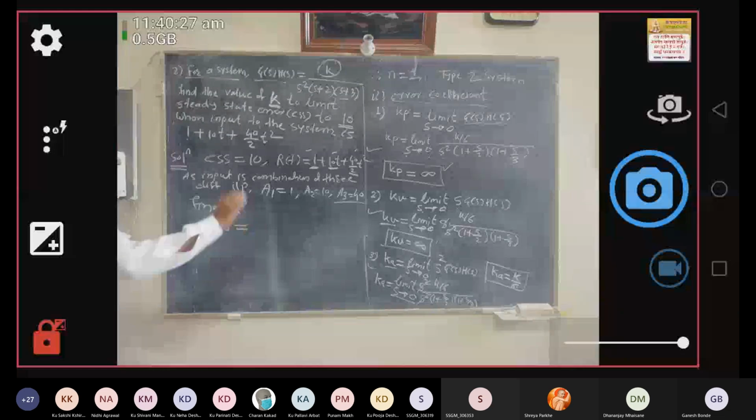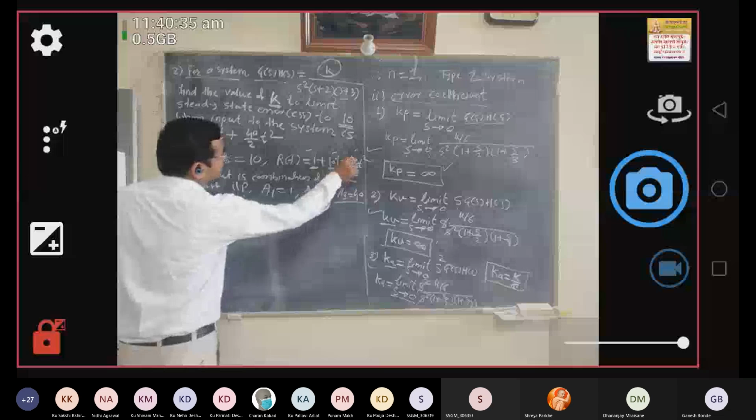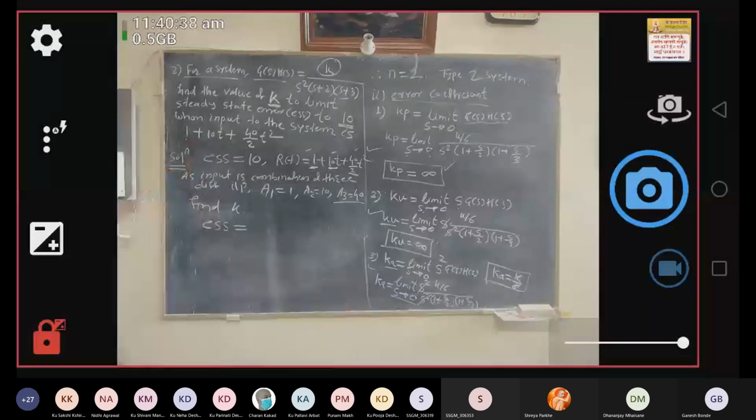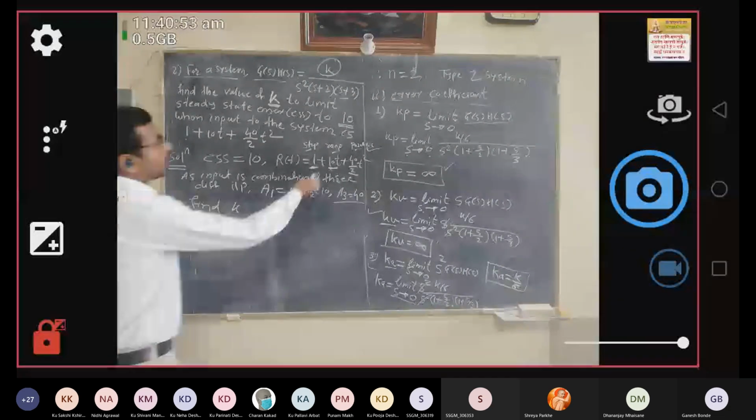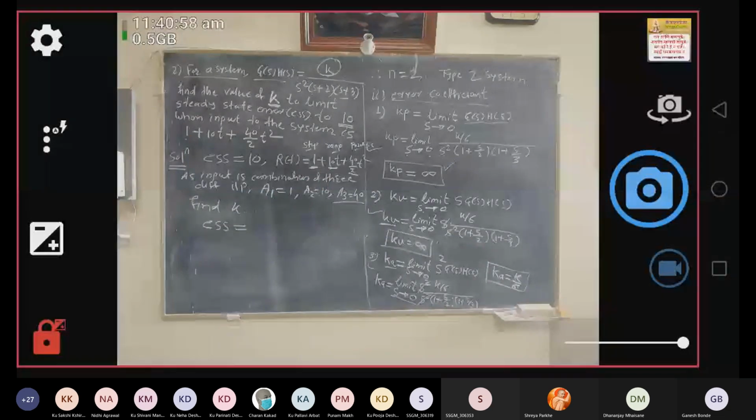So what is the expression for steady state error? When the input applied to this system is 1 plus 10t plus 40 by 2 into t square. First input is step, second is ramp and third is parabolic. So step input gives one ESS, ramp input gives a second ESS, parabolic input gives another ESS. We will get different values of ESS for different inputs. You have already got the value of ESS for different inputs.